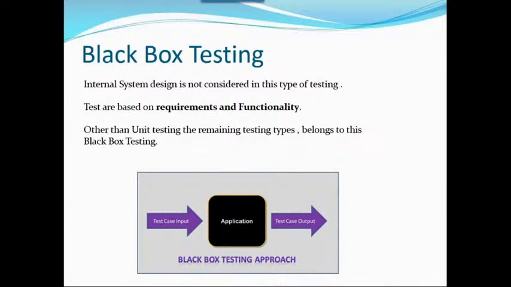Other than unit testing, which I told you is done by the developer, the remaining types belong to black box testing only. So in real time, we are the black box testers, the functional testers. We need to check whether the application is working as per the given requirements and functionality.